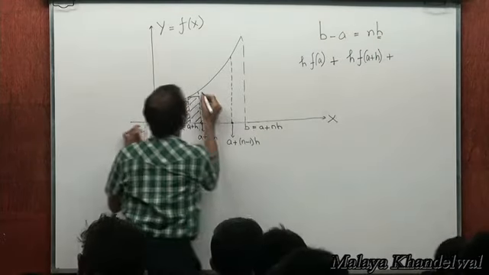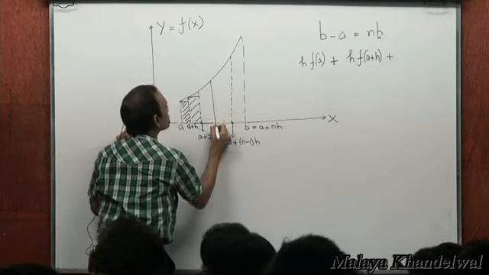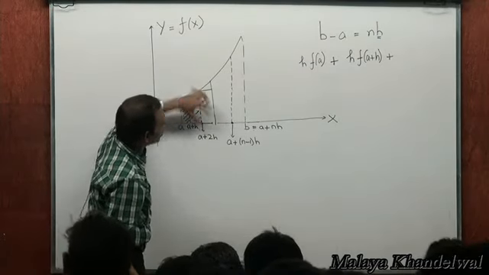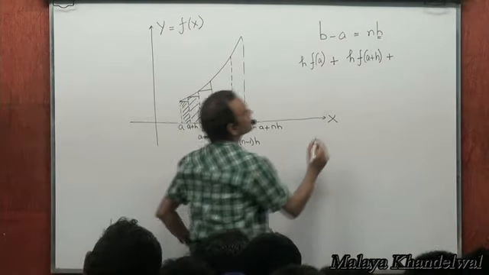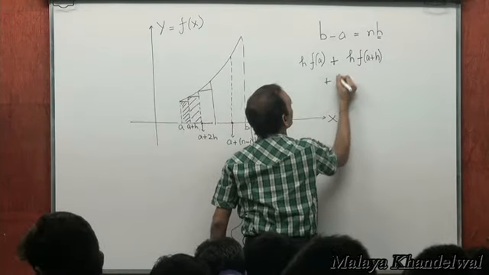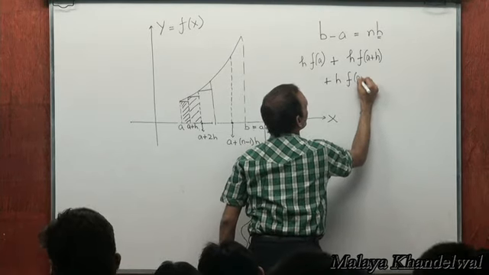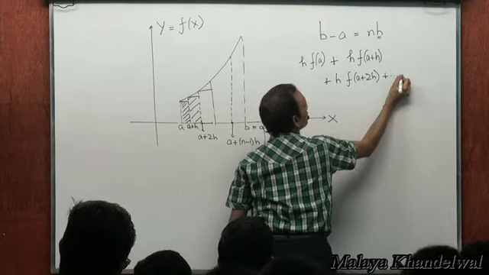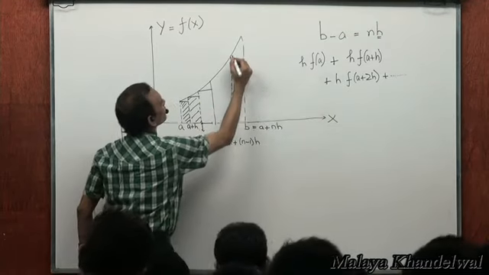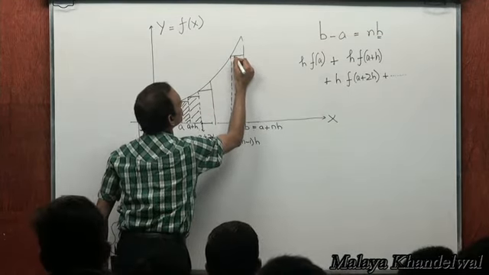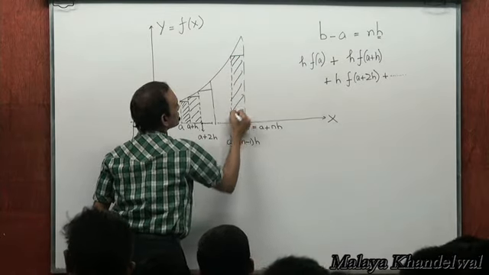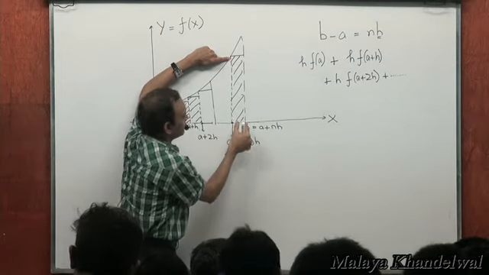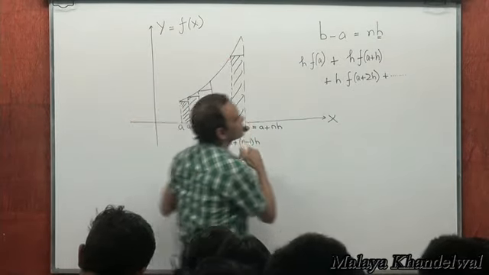Similarly, the next one that you will see here, this rectangle, this would be f(a plus 2h) into h, right? Going this way, up to the last one, which is this: f(a plus (n minus 1) into h) into h.